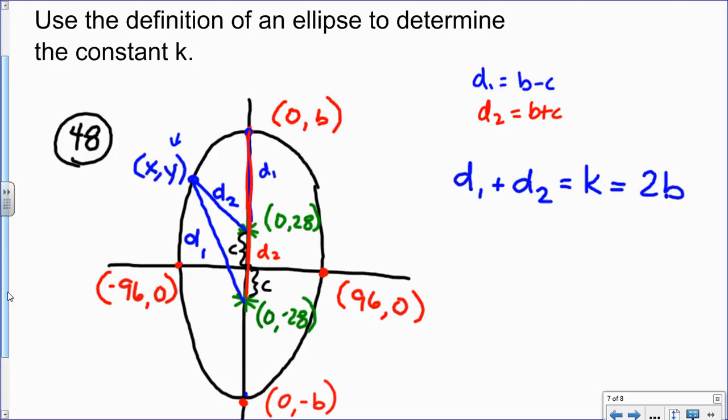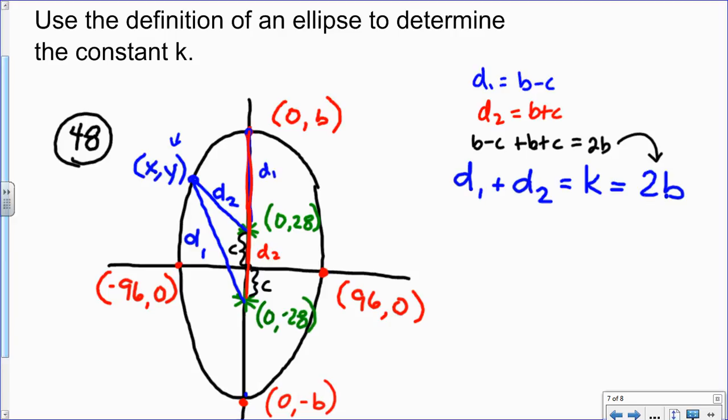So if you do distance 1 plus distance 2, that means you do b minus c plus b plus c. Combine your like terms: b plus b is 2b, and negative c plus c is 0.